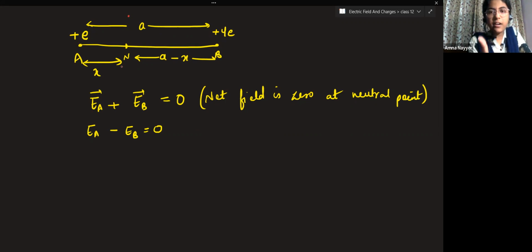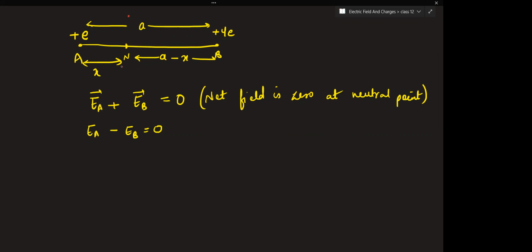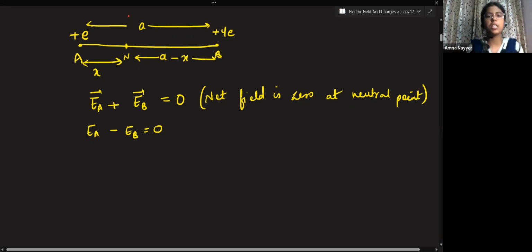Electric field generated because of plus 4E charge, should it be towards the left or towards the right? Left. It will be away from the charge. It will be in this direction. This will be EB.